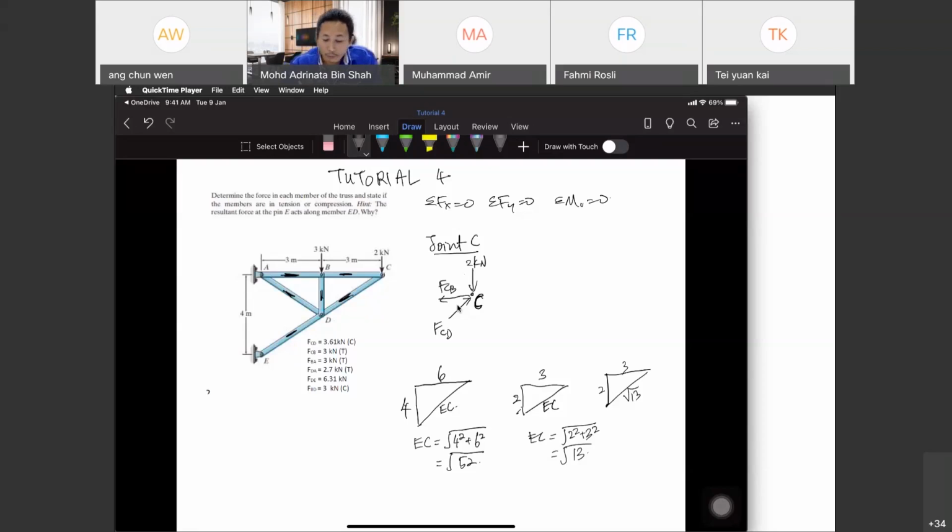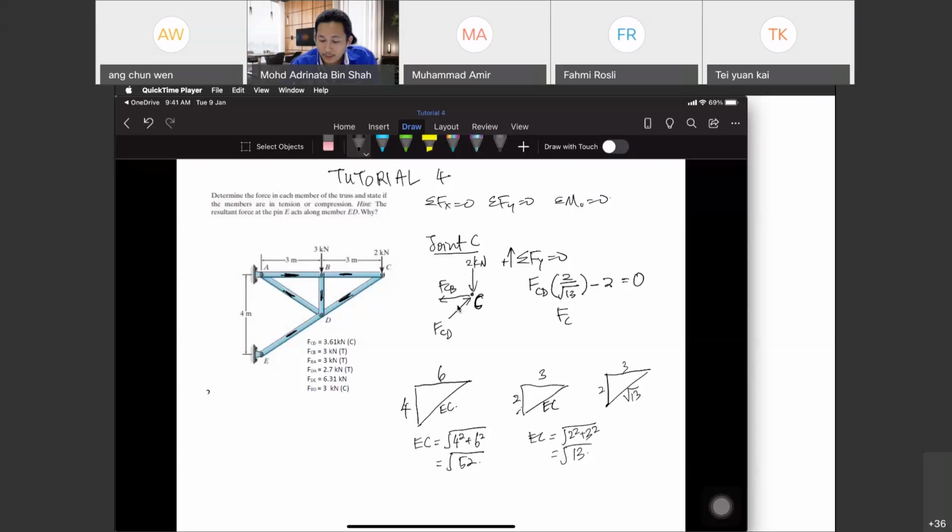So for Fy equals 0, up is positive, we have FCD times 2 over square root 13 minus 2 kilonewton equals 0.